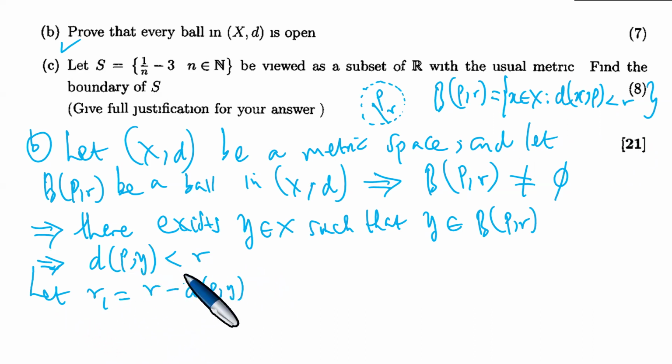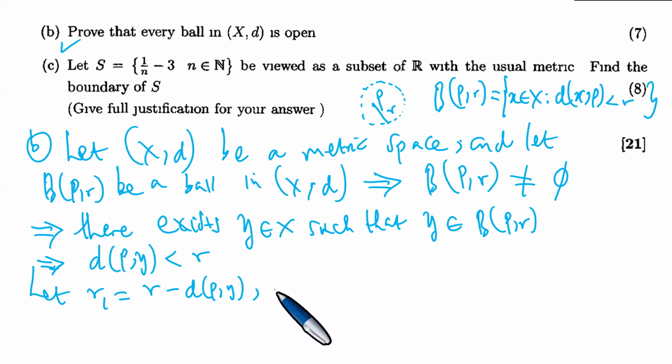Then we want to find a smaller distance. So from the radius r, we subtract this distance. If you say r minus d(P, y), it's going to be positive. So that positive distance between these two numbers, we're calling it a new radius R1.